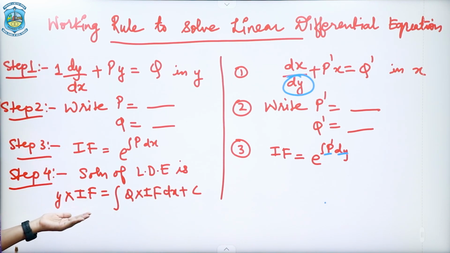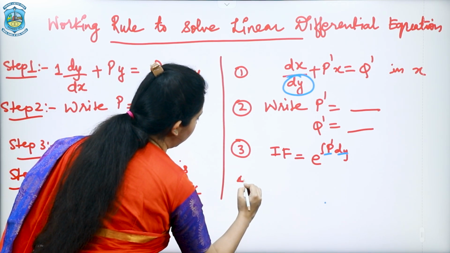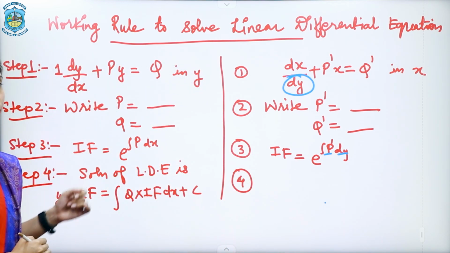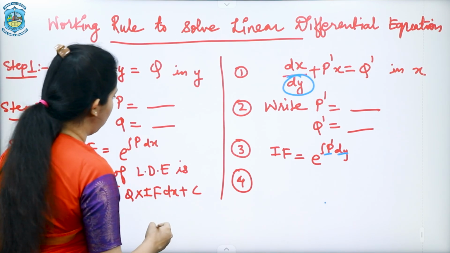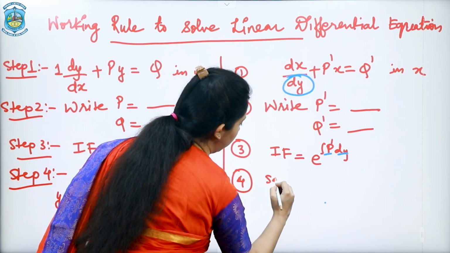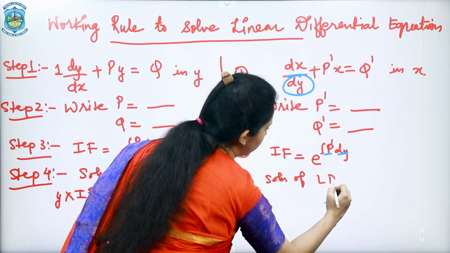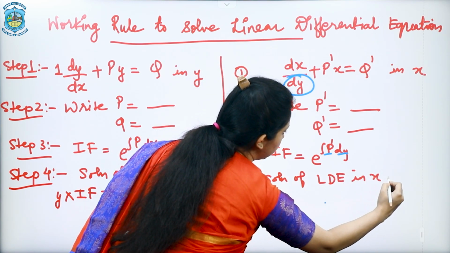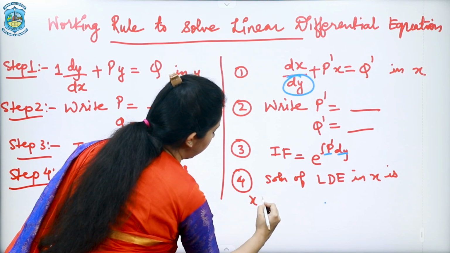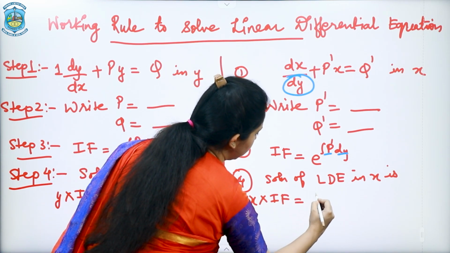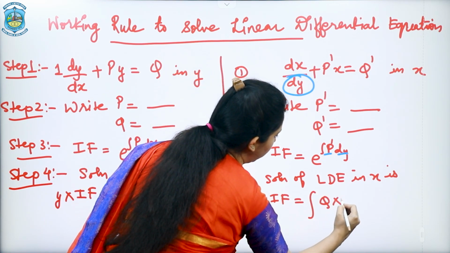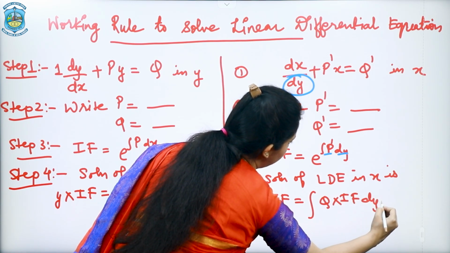This is the formula for the solution of a differential equation of the form dy by dx plus py is equal to q. Now, the solution of linear differential equation in x is given by the formula x into integrating factor is equal to integration of q dash into integrating factor dy plus c.